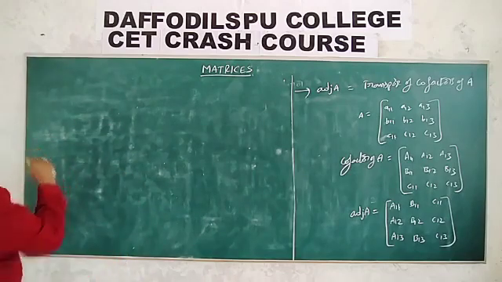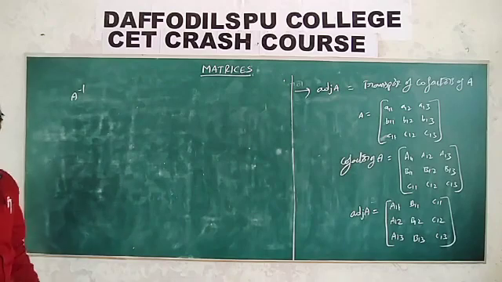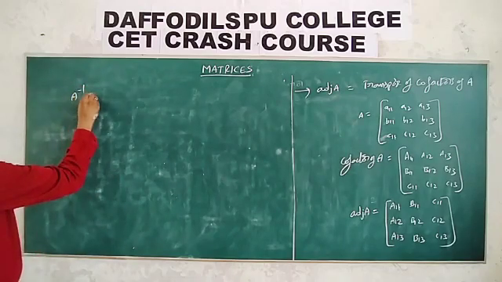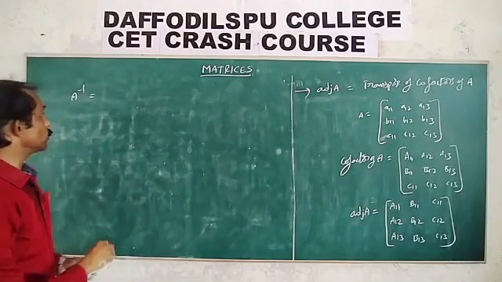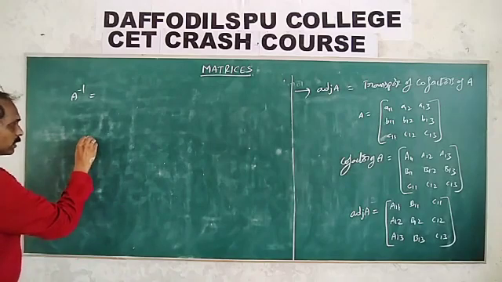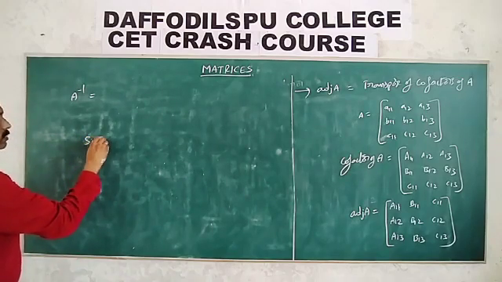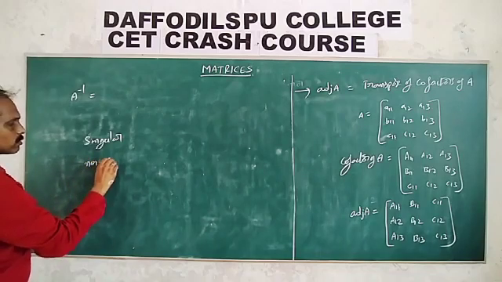Okay. I want to find A inverse. What is A inverse? By the theorem, we will prove A is a non-singular matrix. A inverse is equal to, here it is clearly mentioned, A is a non-singular matrix. So that also explains the definition.